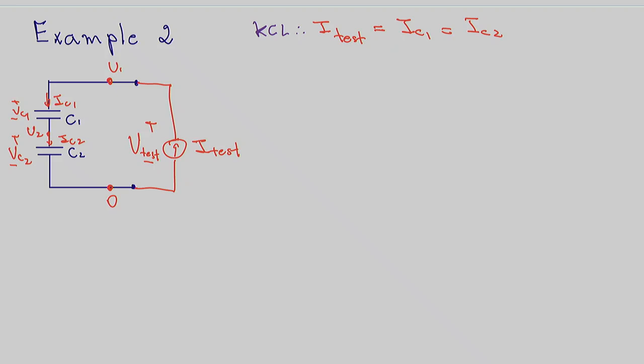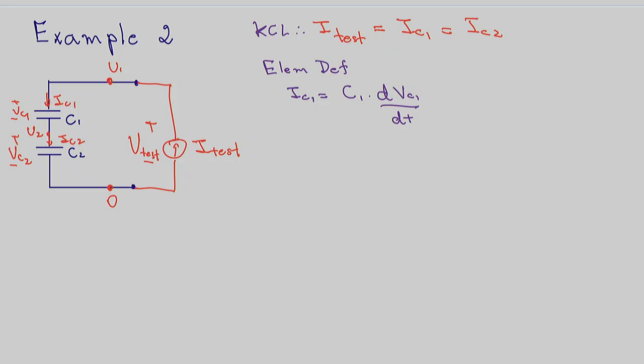Now let's do elements definition again for our capacitors. Elements definition is exactly the same as we did before. So I will say IC1 is equal to C1 times dVC1 over dt.